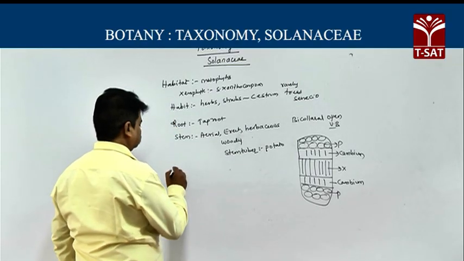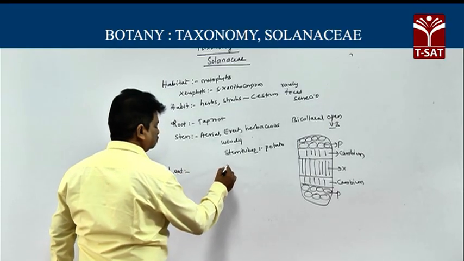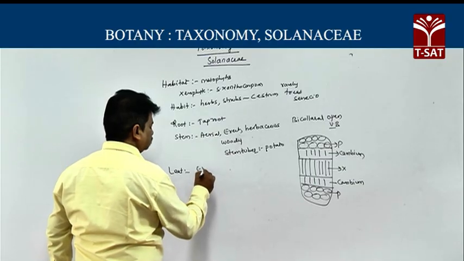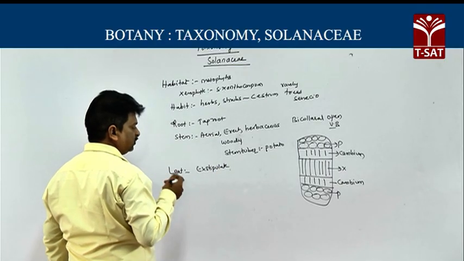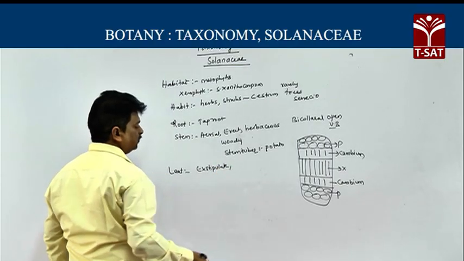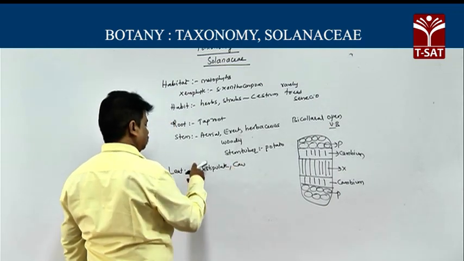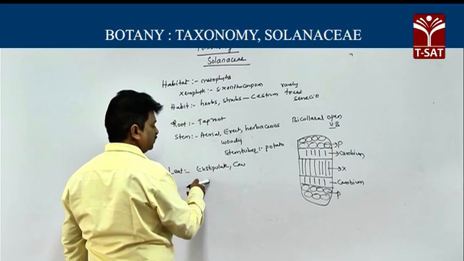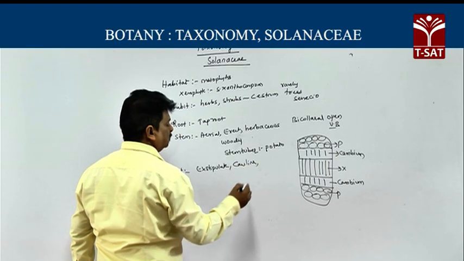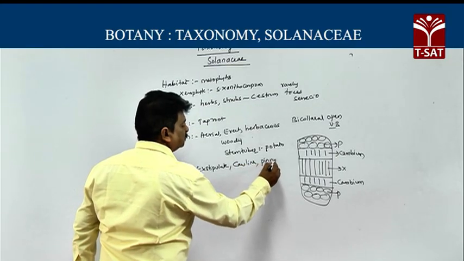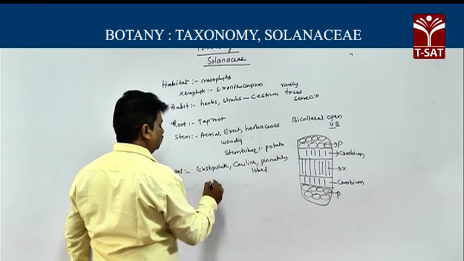The next one, leaf. If you take leaf, leaf is exstipulate. Actually Solanaceae is a dicot family, and exstipulate leaves are common in monocots, but exceptional in dicots, with the Solanaceae family exstipulate. Then leaves are cauline, directly present on stem. Then leaves are pinnately lobed.